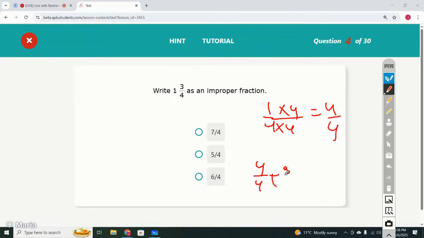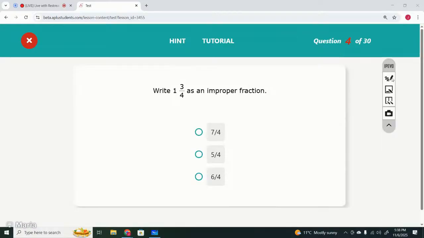You already have a fractional part that is 3 by 4. So you just have to add. The correct option is 7 over 4. Option number 1 is the correct option.